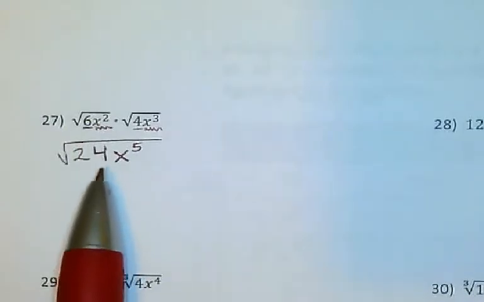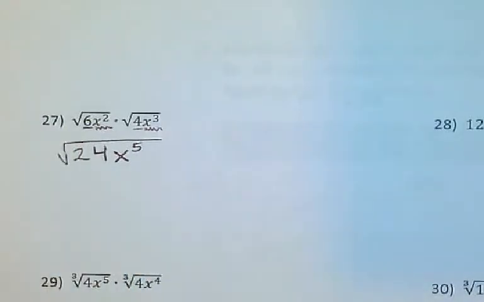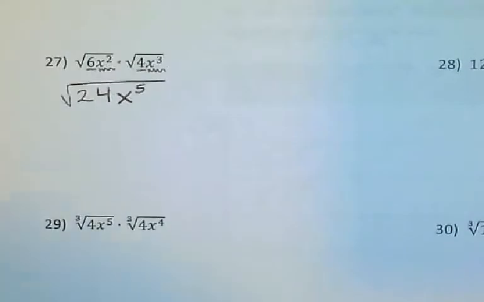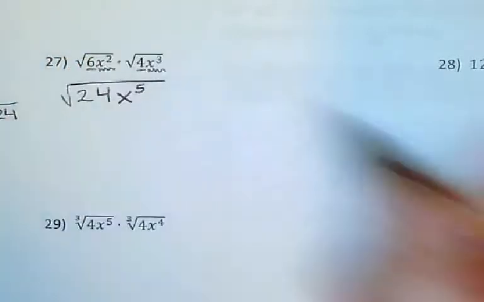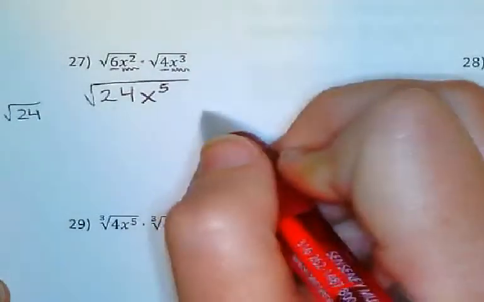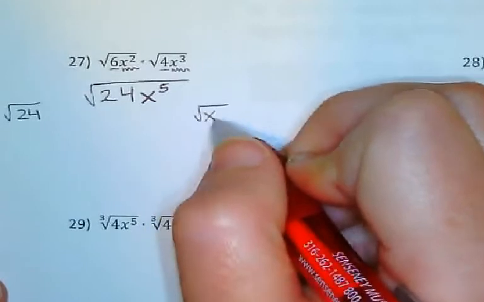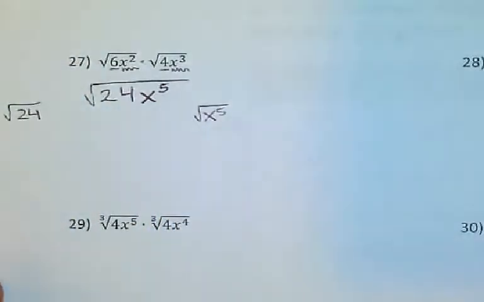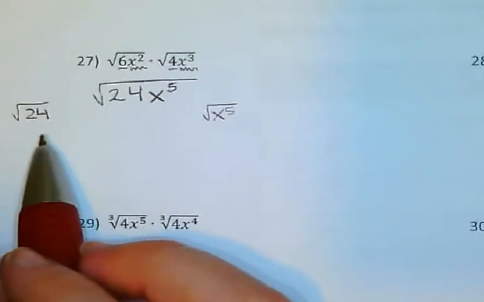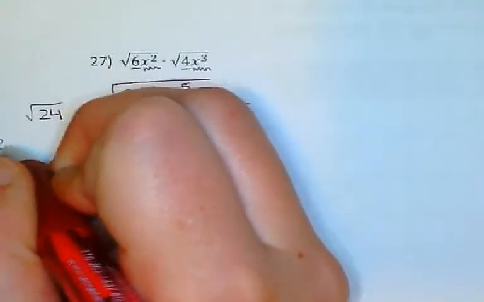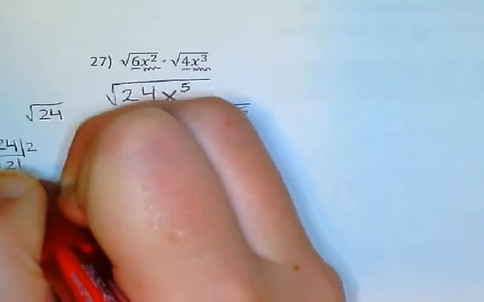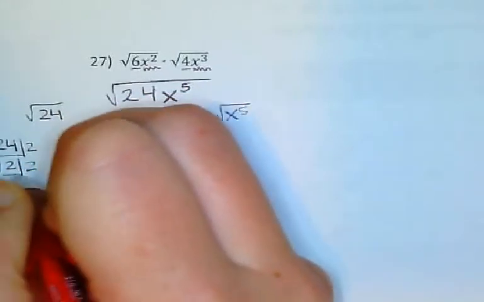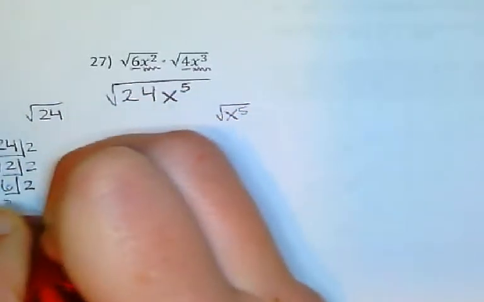Now that we've multiplied these together, we can simplify this, just like what we did before. So this is like saying we've got the square root of 24 and the square root of x to the 5th. Okay, so the square root of 24, I'm going to put in the upside down cake. 2 goes into 24 12 times. 2 goes into 12 6 times. 2 goes into 6 3 times.